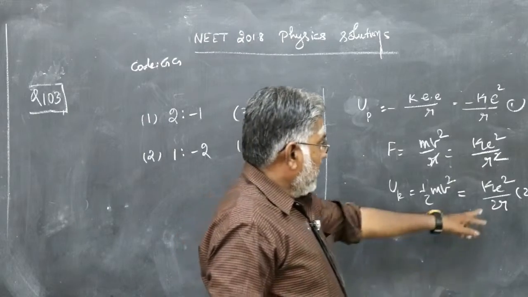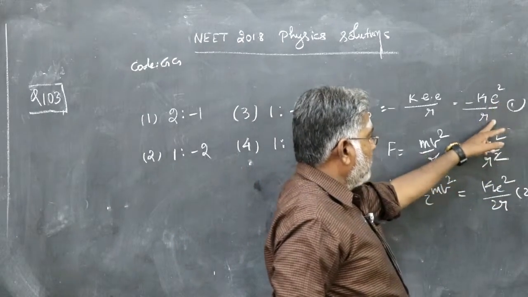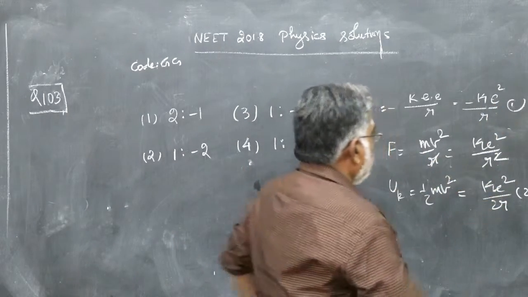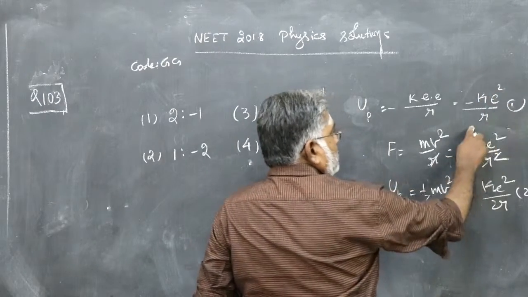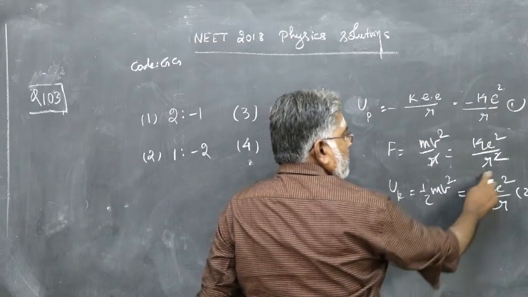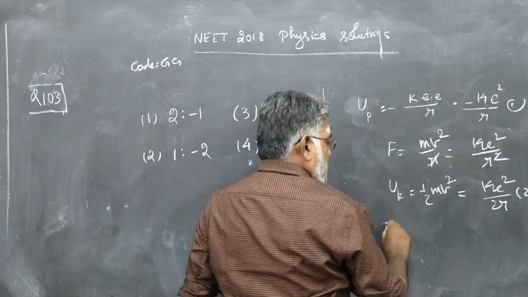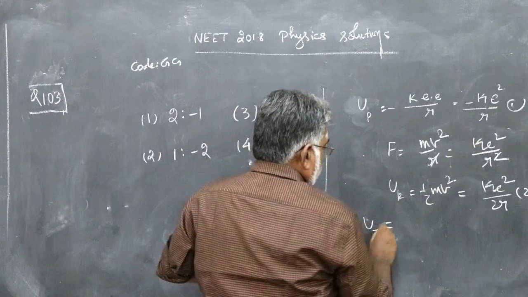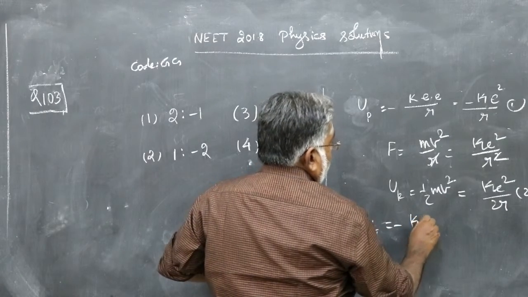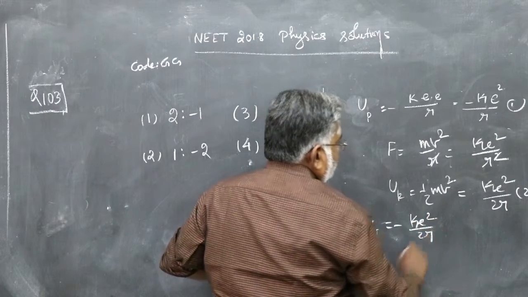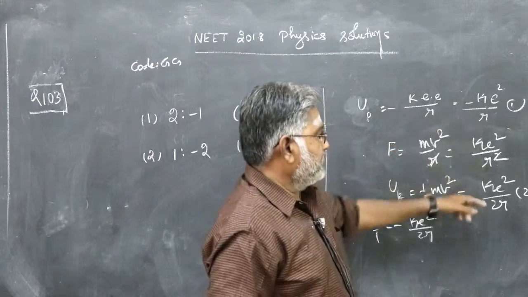Understand that? Now you look at this, minus K e squared by r, and K e squared by 2r. If you take this as minus 1, this will be plus half. Minus 1 plus half, so minus half. So total energy is minus K e squared by 2r. We have to add this and this.